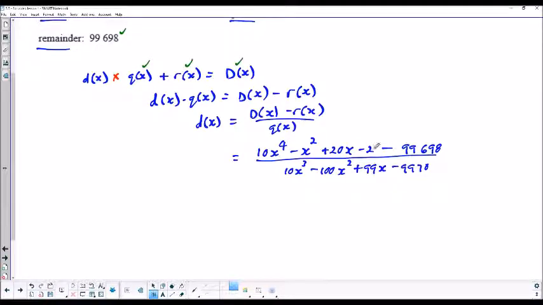So here's the dividend. I'm going to put these two constants together. So I've got 10x to the power of 4 minus, well, we need a 0x cubed here. I'll put a plus there. Minus x squared plus 20x and minus 2, or negative 2 minus 99,698 would be 99,700.